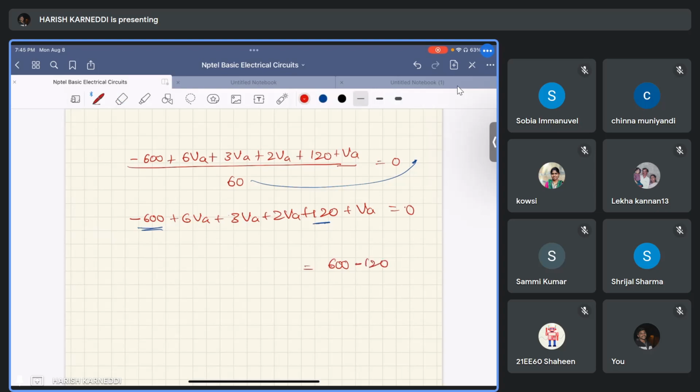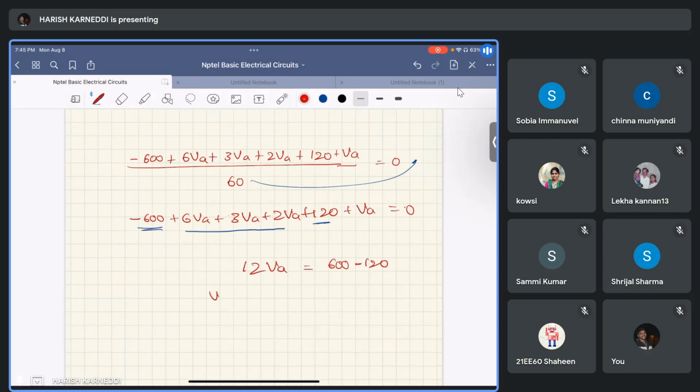And 6 VA plus 3 VA is 9 VA, plus 2 VA is 11 VA, plus VA is 12 VA, right? I think it's clear, 12 VA.